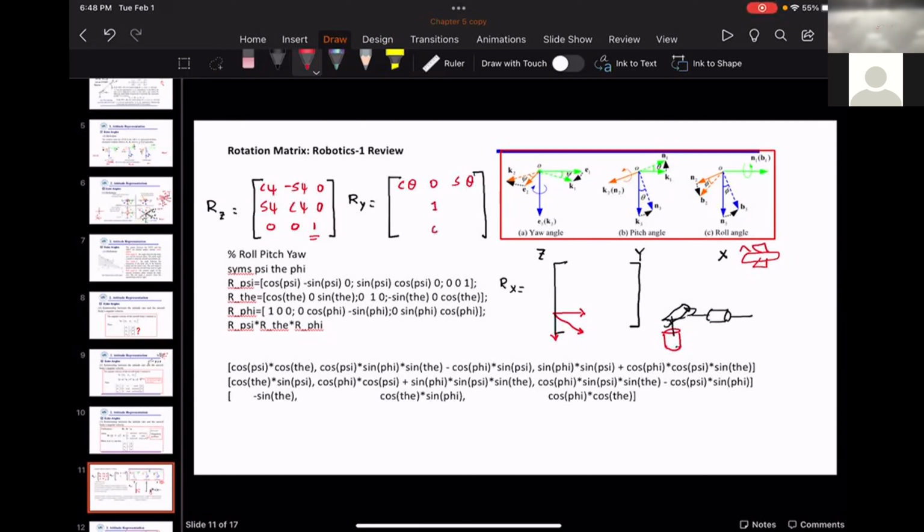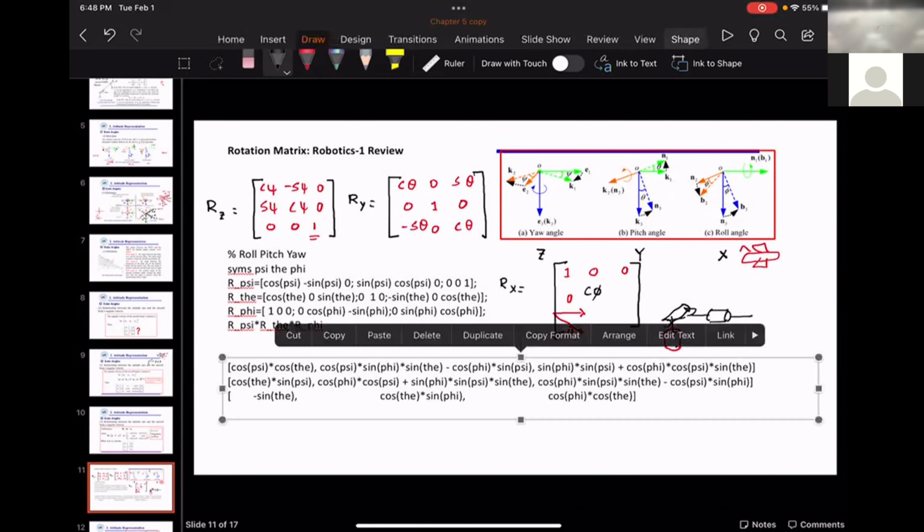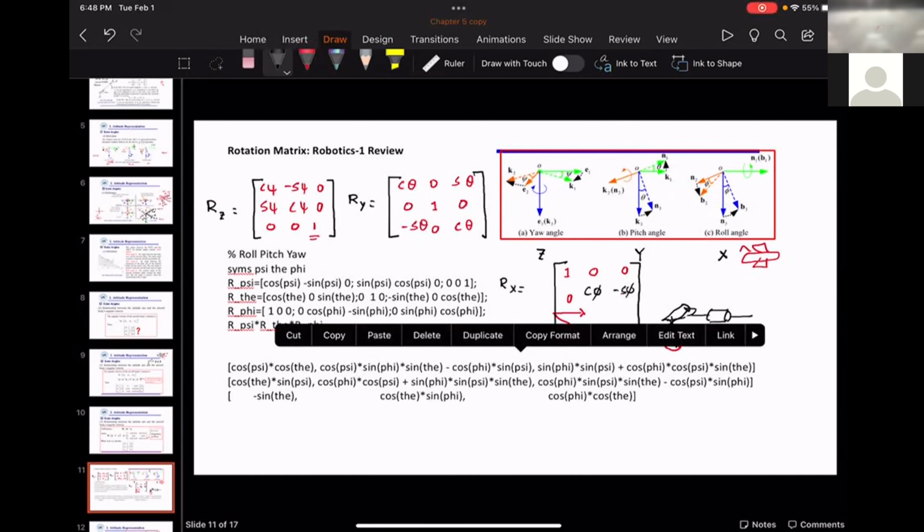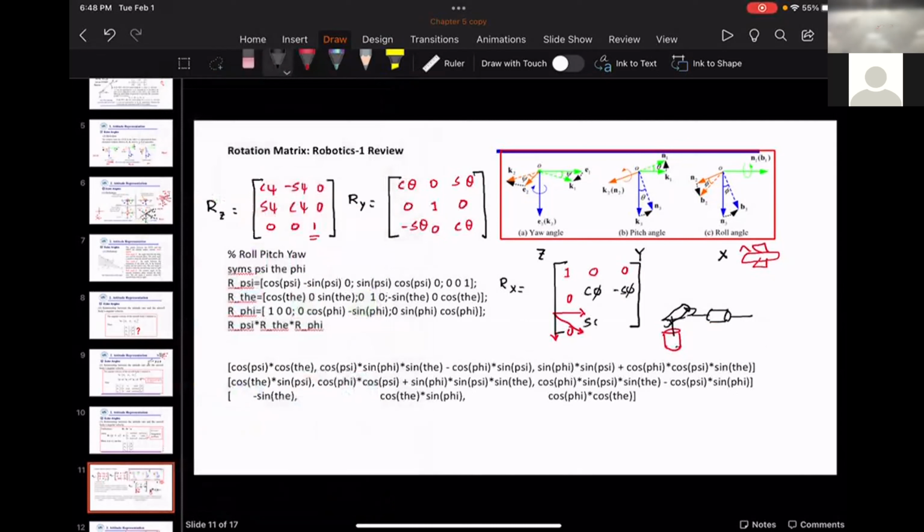So remember, here is going to be 0, 0, 0. Then you are going to have minus sine theta, 0, cosine theta. And then you have the rotation about x. When you have rotation about x, you are going to have 1, 0, 0, 0, 0, and you are going to have cosine phi, minus sine phi, sine phi, cosine phi.